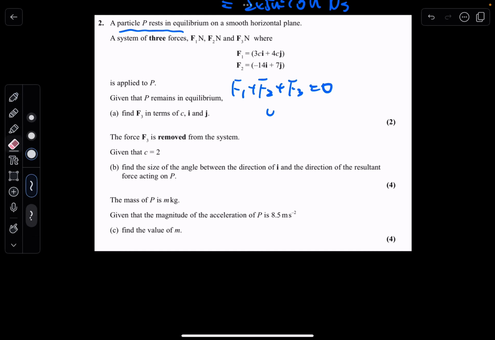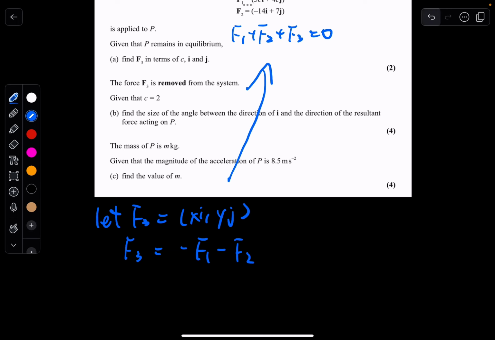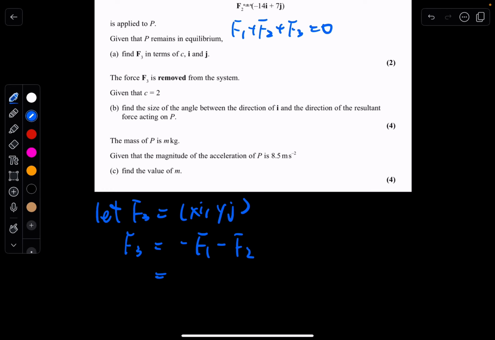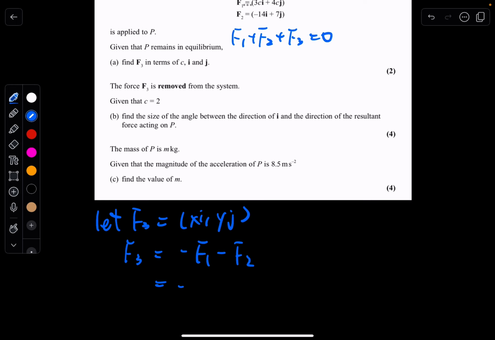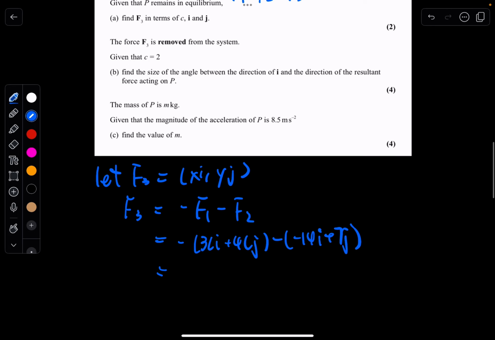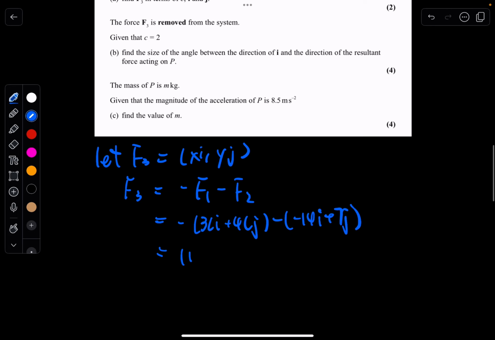So that means F3 would equal negative F1 minus F2 from this one here, which is equal to negative 3ci plus 4cj minus negative 14i plus 7j, which is 14 minus 3c i, and then plus negative 4c minus 7j.